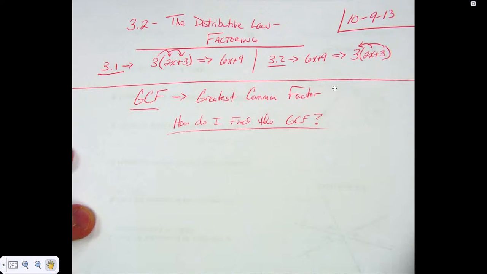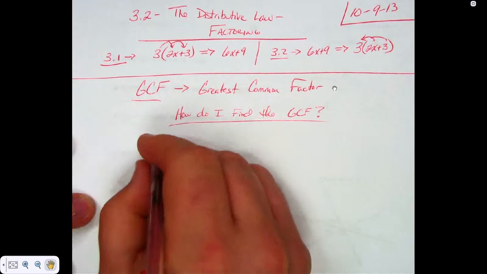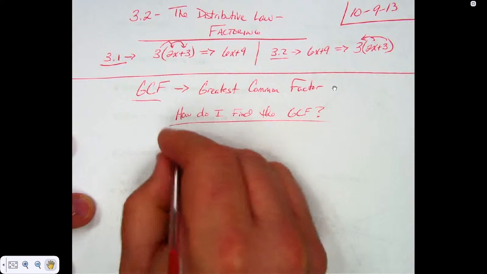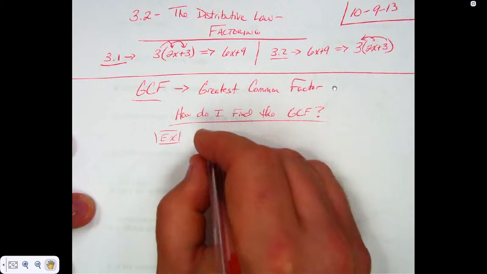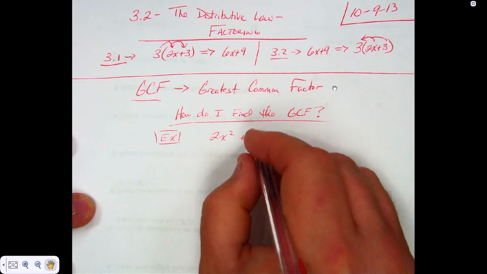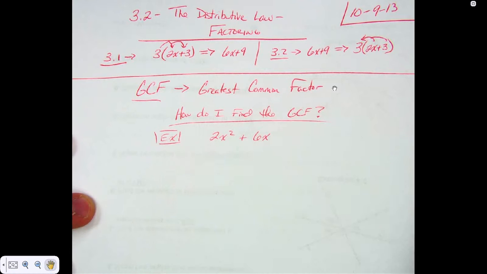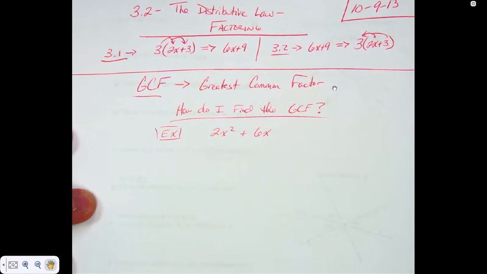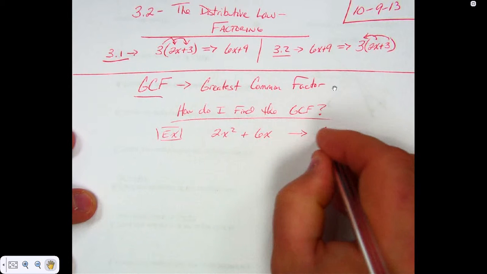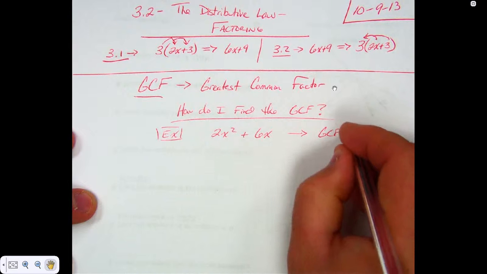How do I find the GCF? Let's start with an example. We'll make our example 2x squared plus 6x. And I want you guys to tell me what the GCF is here.